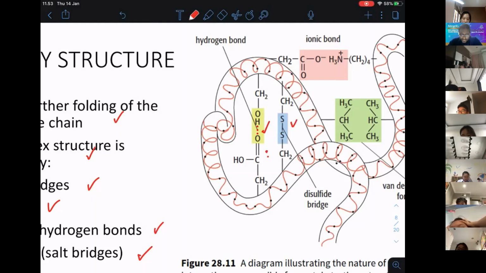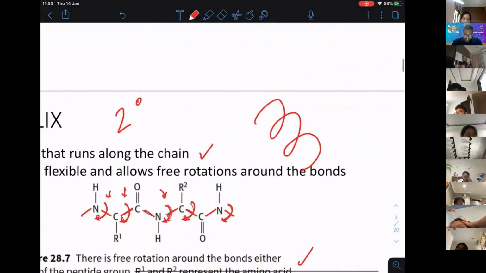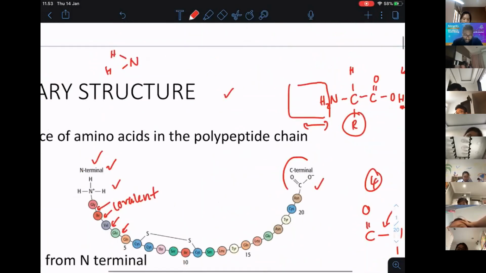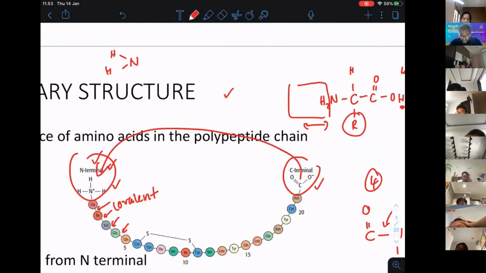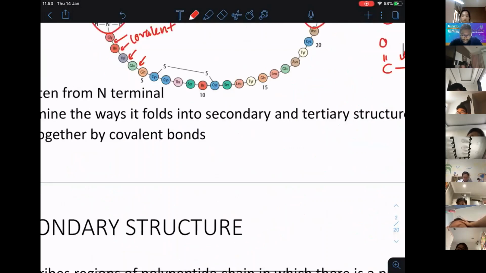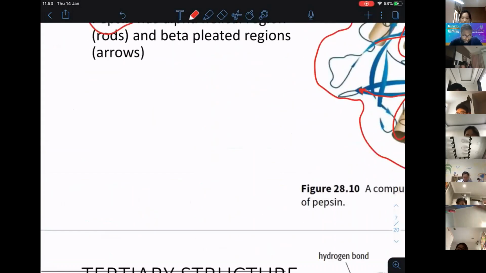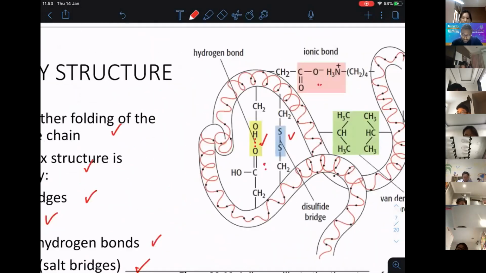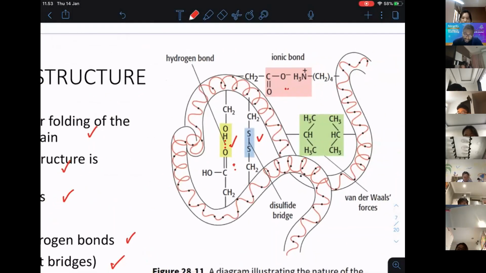Sometimes you have something like this: the primary structure has this end and this end. What happens if you connect them together? That is possible also, negative and positive. This will happen only in tertiary structure. So the ends connect as well, positive and negative.